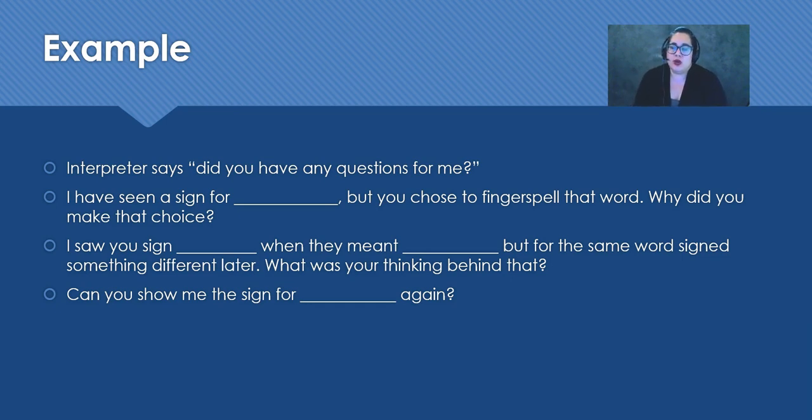And what you're looking for is the speaker said this phrase in this way, and the interpreter signed it this way. For example, the speaker may say, it'll be very helpful if you clean up after. And maybe the interpreter signed, not helpful, but something like beneficial, and you're writing those things down like, hey, wait a minute.